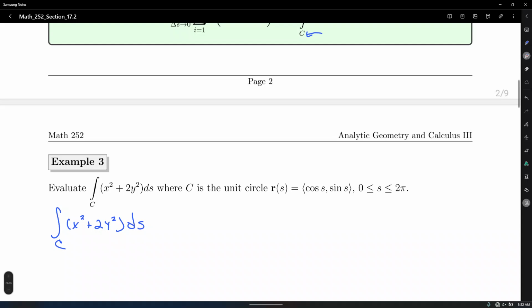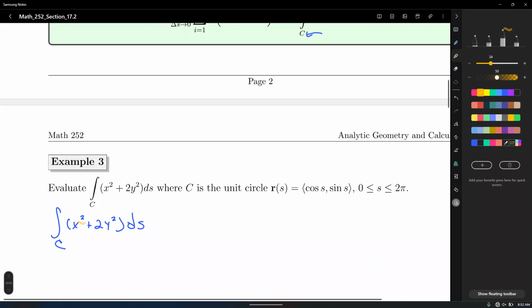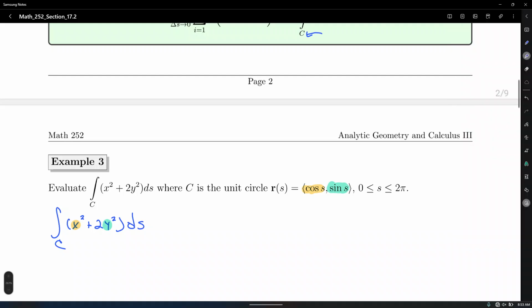Every instance of x in your integrand, replace it with the x component of the vector valued function, while every instance of y, replace it with the y component. And the limits of integration are pretty obvious. They're there, ready for us to compute.